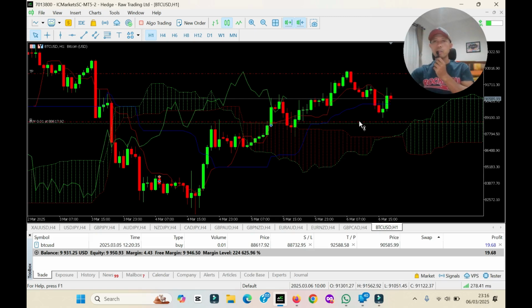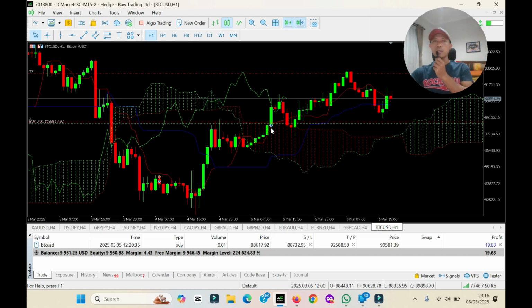Normally for my trading I'm using the 4 hour time frame and above: 6 hours, 8 hours, 12 hours, daily. But because I didn't find any good setup, I just try to scalp a little bit with Bitcoin. This is Bitcoin on the 1 hour time frame. The blue arrow is the point where I decided to start to buy.